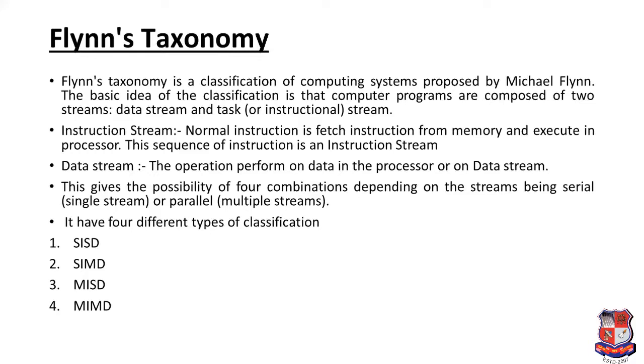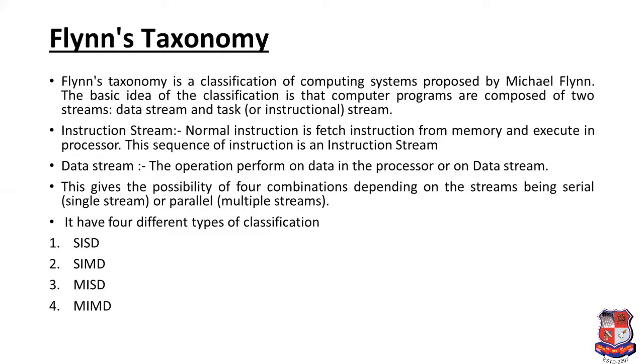What is the meaning of instruction stream? Normally an instruction is fetched from memory and executed in a processor. So the sequence of instructions is known as an instruction stream. Data stream means the operations performed on data in the processor.